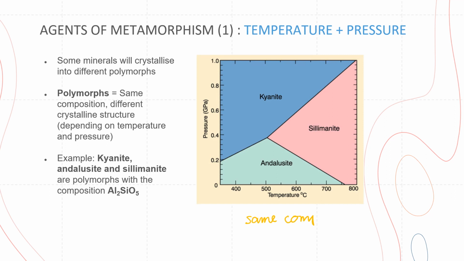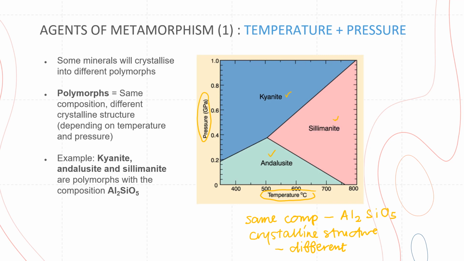So in this case, they're all Al2SiO5, but depending on the temperature and pressure, they will take on different crystalline structures. So in this case, we have three minerals, which are kyanite, sillimanite, and andalusite.